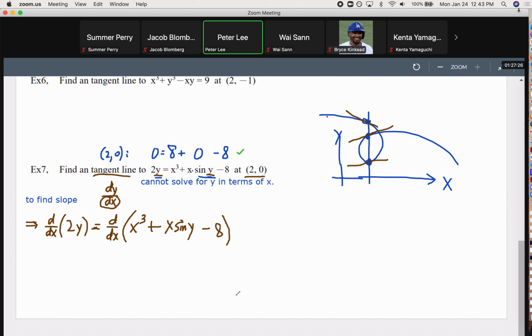So the regular differentiation, even if you want to, is not possible here, just like in example 6, where we could, even though we get two parts. So the only way is to find the derivative by implicit differentiation. So we take the derivative of both sides with respect to x, and if you do that, this will now become 2 times dy/dx.